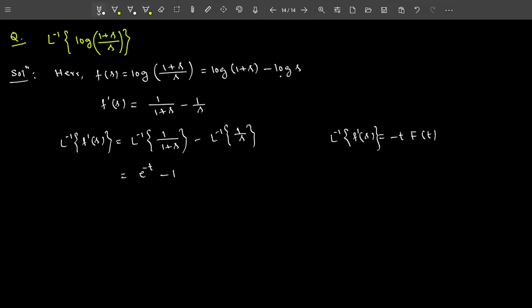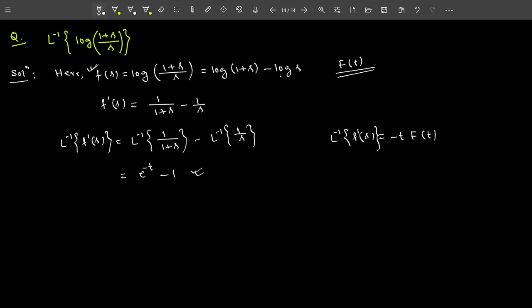Yes or no? Here the question is Laplace inverse of log of (1 plus s) divided by s. So this is our f of s, and you have to find the Laplace inverse of f of s. That means actually you have to find f of t.